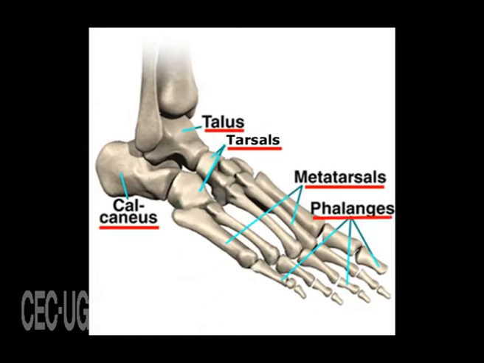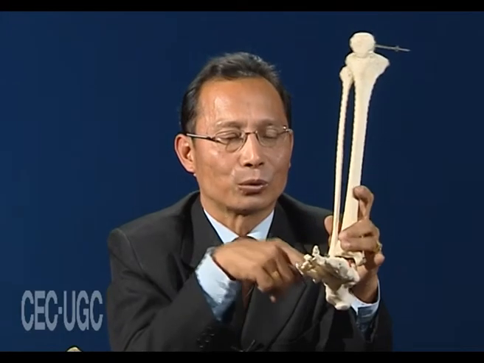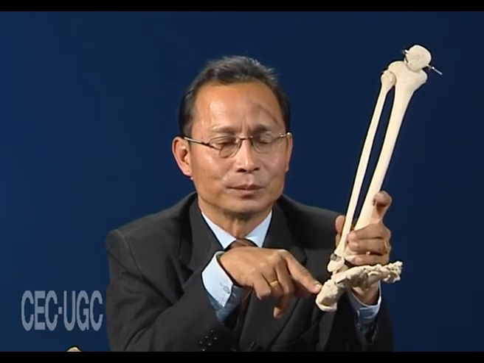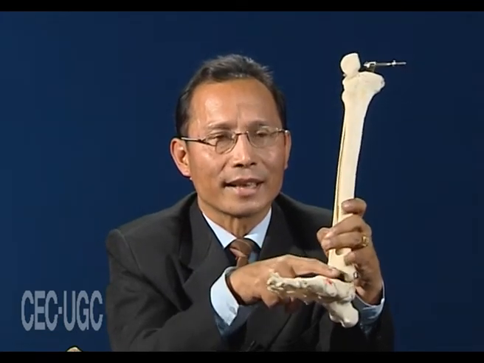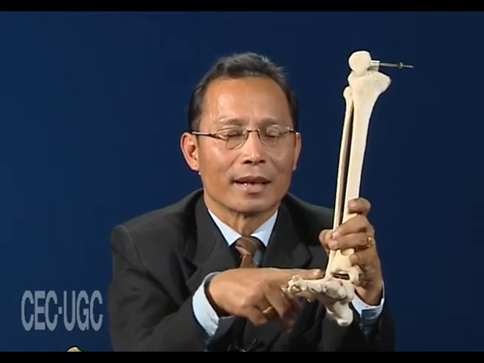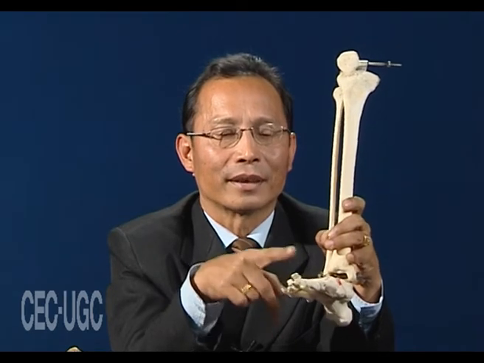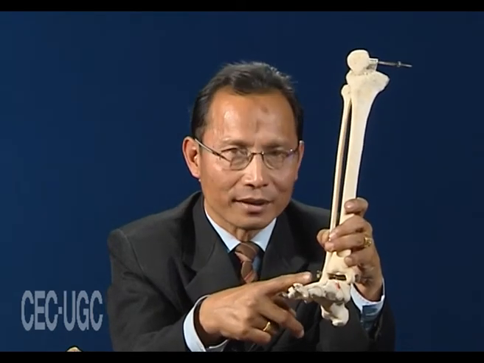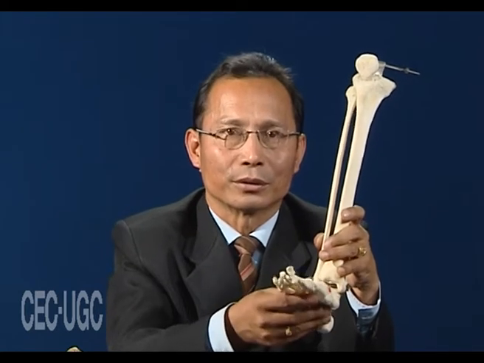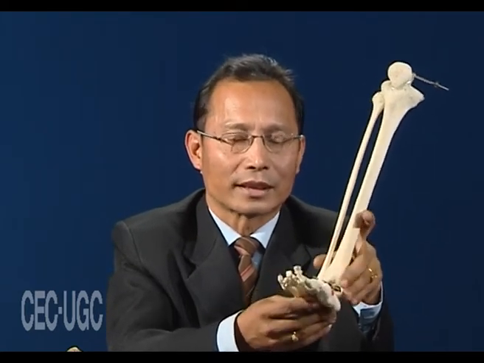Then these are all phalanges. So altogether, talus 1, calcaneum 1, and another 5 tarsus, then metatarsal 5, and 14 phalanges. So these constitute the skeleton of the foot.